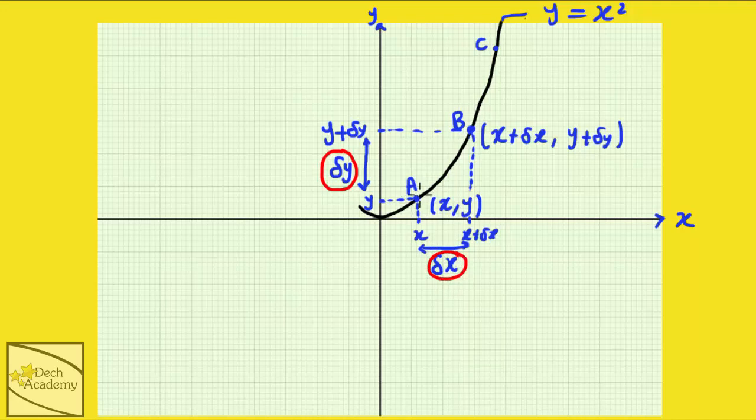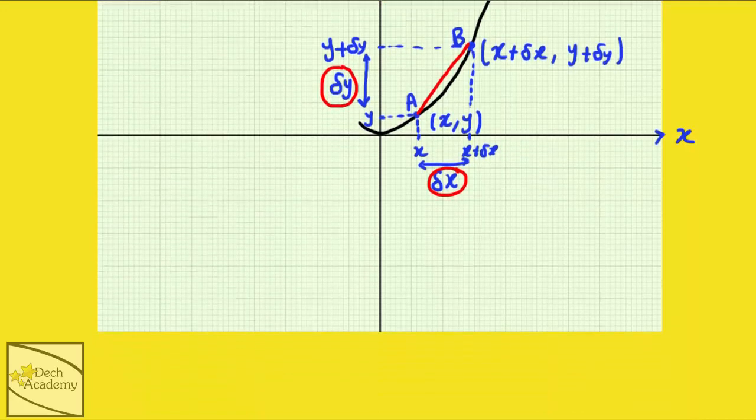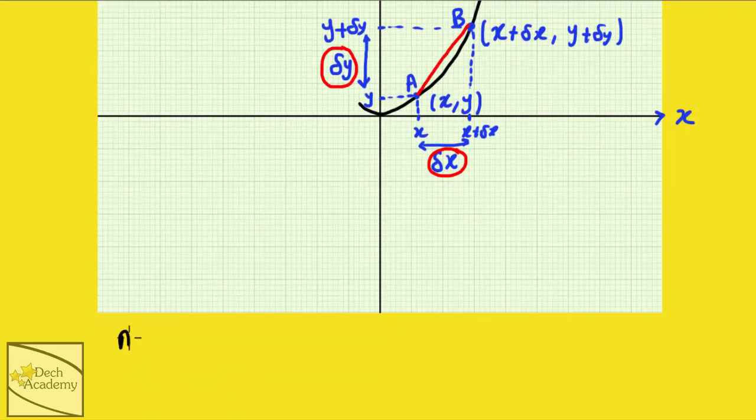So I'm just going to draw a line joining A to B. Imagine I move from point A to B along the straight line. The gradient of the line is given by the change in y divided by the change in x. So the gradient of line AB, so I'll write m of line AB, where m refers to the gradient, is given by y plus delta y minus y.